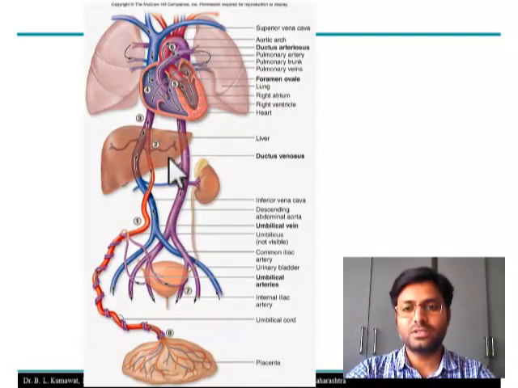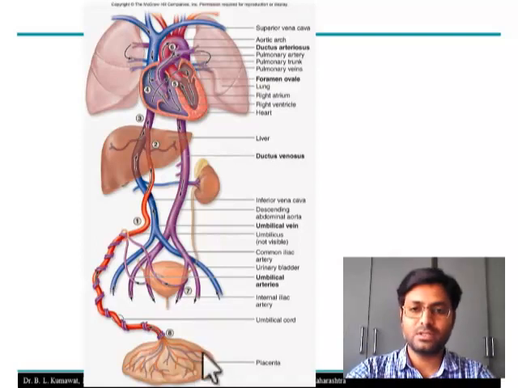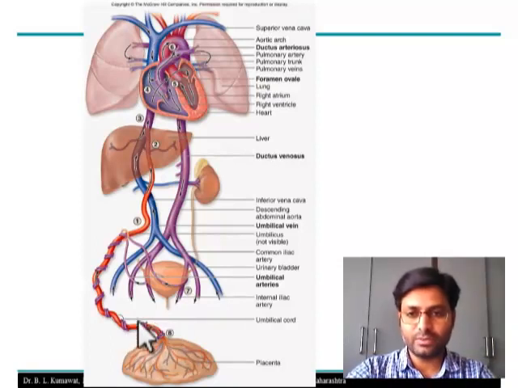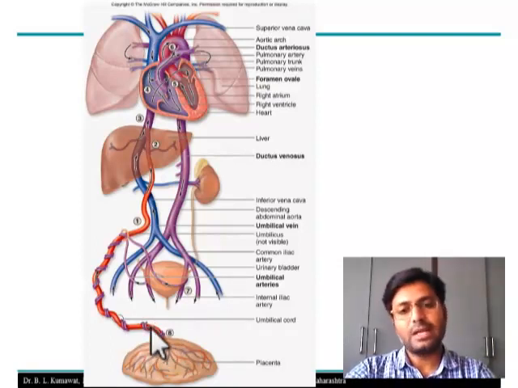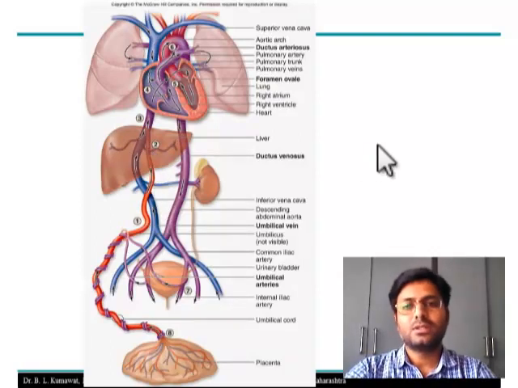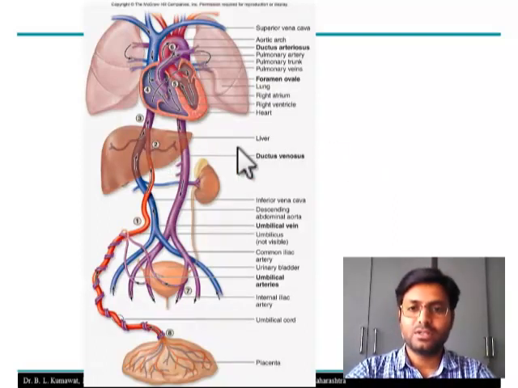This is the blood vasculature system of the fetus, which is connected with the discoidal type of placenta, which is a human placenta, connecting with the umbilical cord, and this umbilical cord is composed of two umbilical arteries and one umbilical vein. And in this fetal circulation, there are three critical points at which there is shunt between the venous and arterial blood circulation.